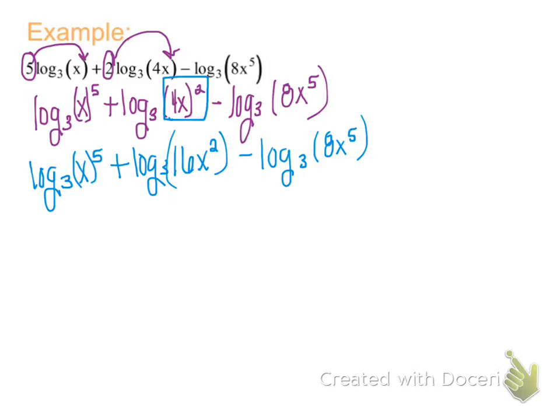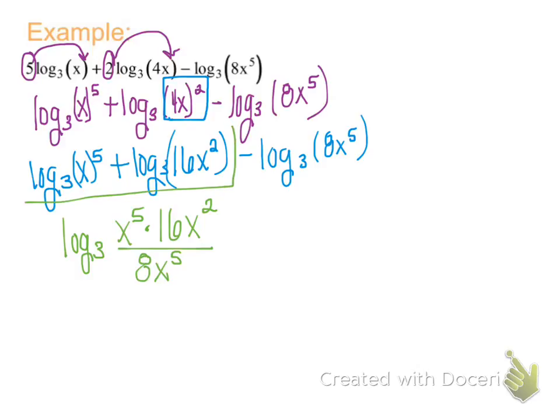The next thing that I did was took care of that 4x squared, making that 16x squared, just to simplify my expressions as much as possible before I continue on using any logarithmic properties. So the next one that I'm going to do is simplify the multiplication part up top, and then using that minus sign to make a division happen as well.